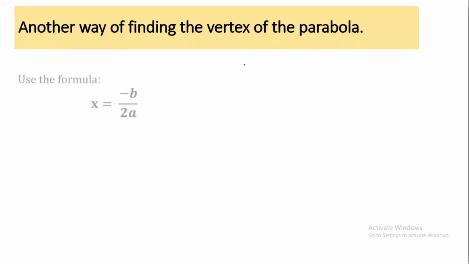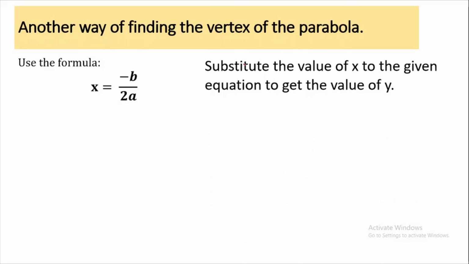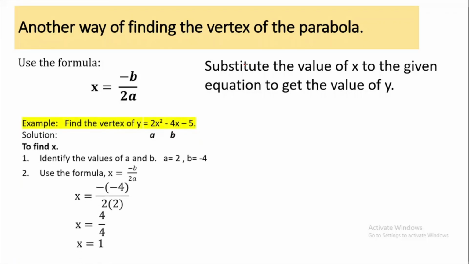So we can also use this formula, x is equal to negative b over 2a. And then, that is for the x-coordinate. And then, once you have the x-coordinate, you can use that value, substitute the value to the given equation to get the value of y. So, let's have this example.